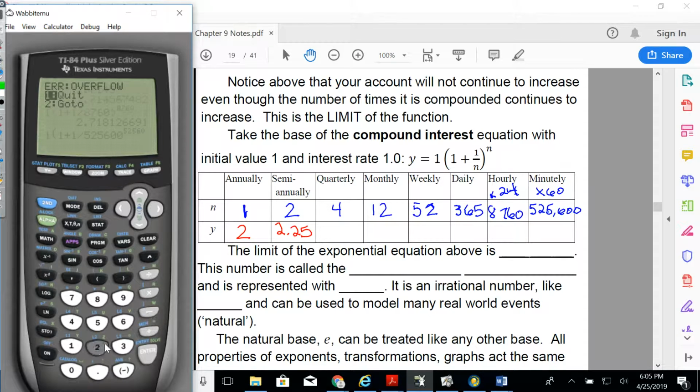And we get, I didn't put my parentheses again. 2.718279, blah, blah, blah. So notice this part is the same from before. So before the error, 2.718279, 2.718, 2.718. So that number we saw when we were graphing last week.